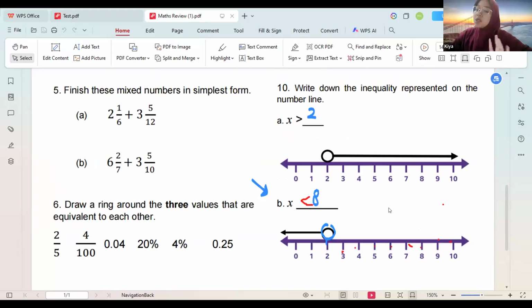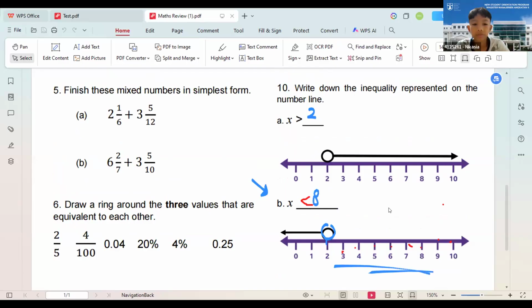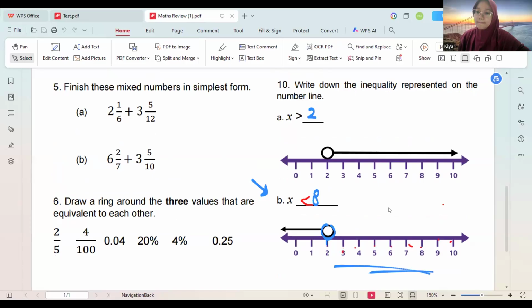To answer the question, you don't need to count all the digits. The thing is, you need to know where the point appears. In the number 2. So in the 2, is the circle filled by color or not?